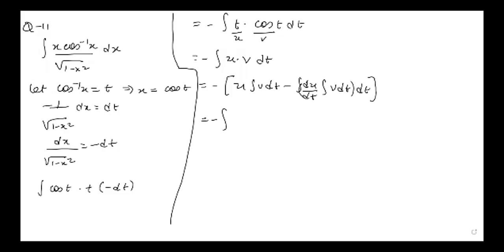So this will be t integration cos t dt minus derivative of t with respect to t, integration cos t dt whole dt.